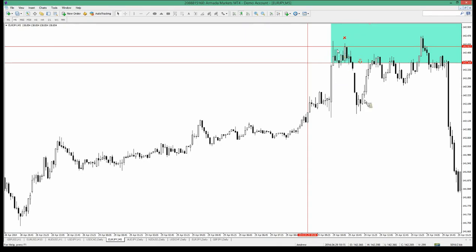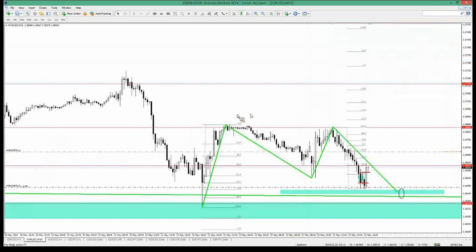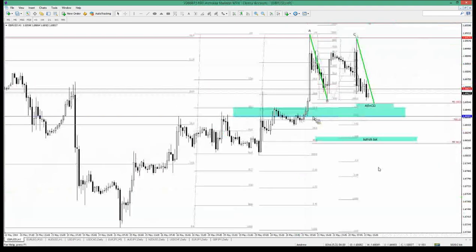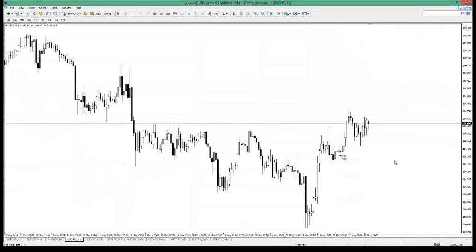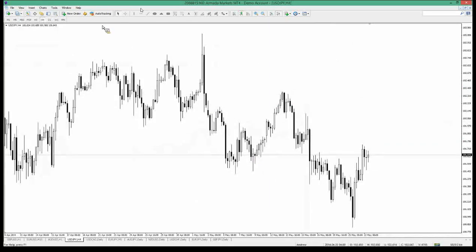Right, let's have a look at another one. Actually, I don't want to look at the euro. Let's have a look at the dollar yen 4-hour chart.